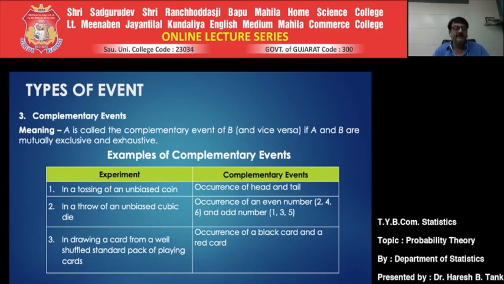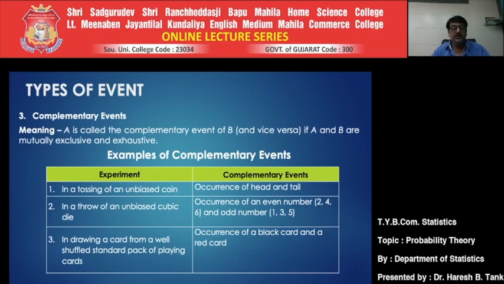Complementary events. As the word itself gives its meaning, event A is called complementary event of B and vice versa if A and B are mutually exclusive and exhaustive.